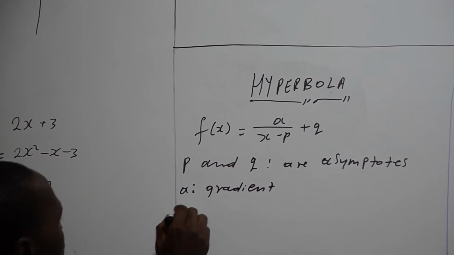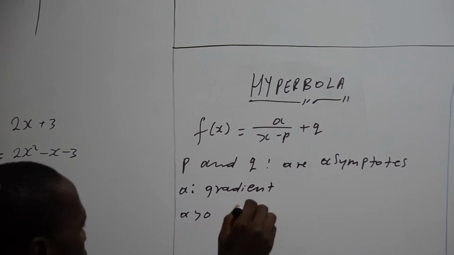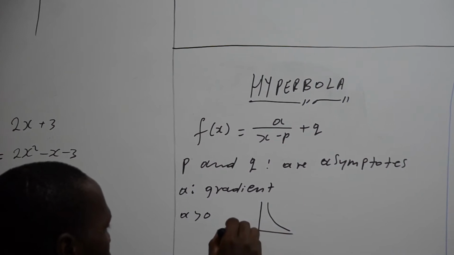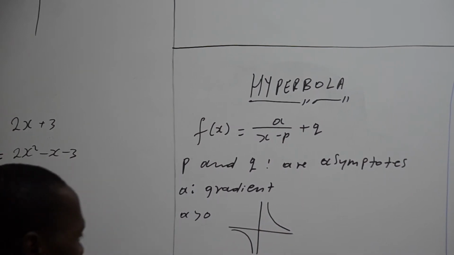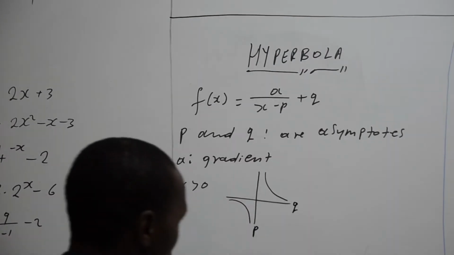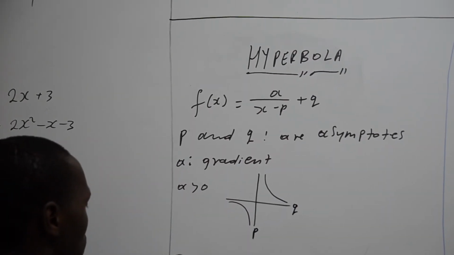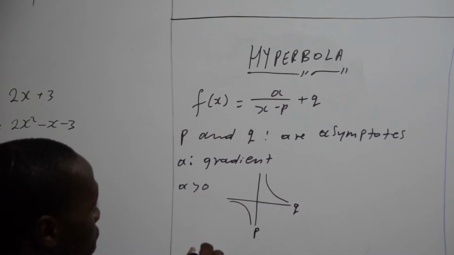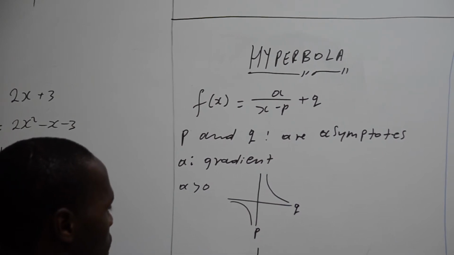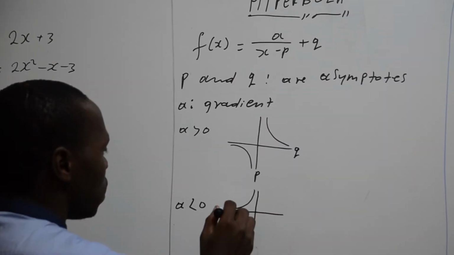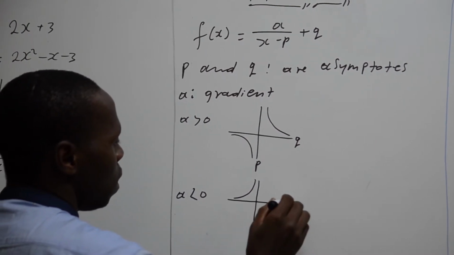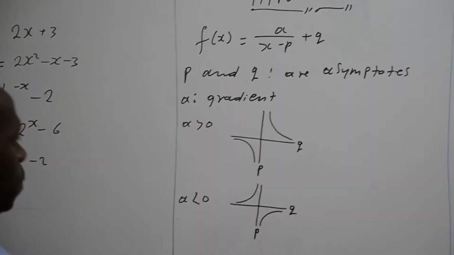So that means what a says. If your a is positive, your graph will lie in the first quadrant and third quadrant, formed by the asymptotes, not by x and y. If your a is less than 0, it will be in the second quadrant and fourth quadrant, still formed by the asymptotes.